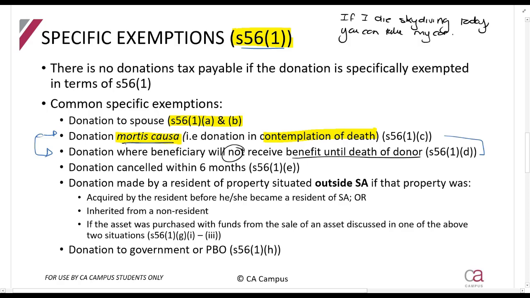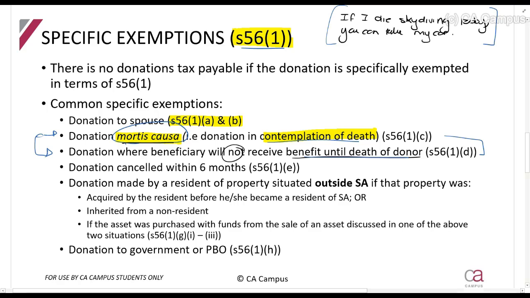A donation mortis causa, which we looked at already, the one in contemplation of death, is where I say, if I die skydiving today, you can take my car. So I say to you, if I don't die today skydiving, then you don't get it. What is the difference between that and this next one? The next one is where I say to you, you will definitely get my car, but only once I'm dead. What's the difference between the two?